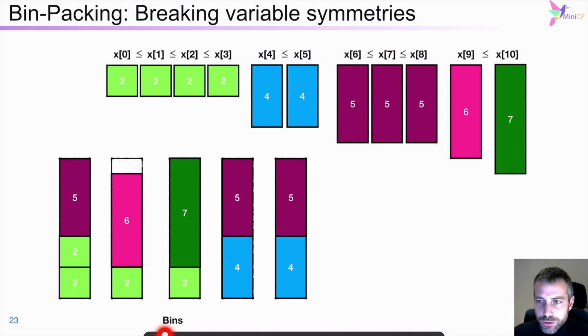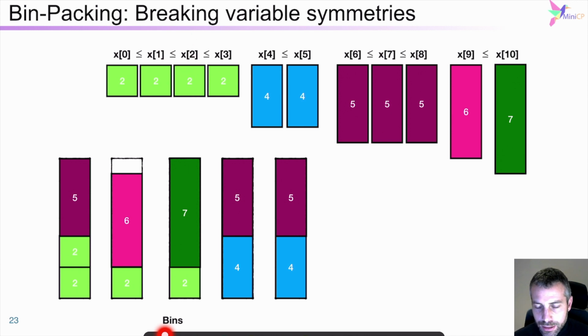To break these variable symmetries, we can use the same technique as before. We can simply impose constraints, and we will put here less-than-or-equal constraints between the variables that correspond to exactly the same items in terms of height or weight. So all the green items should be placed in that order, all the blue items in that order, and so on. You know that this one should be placed in a bin that is before or equal to the bin decided for that one.